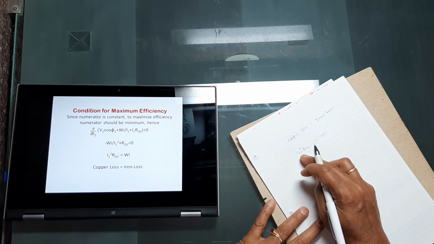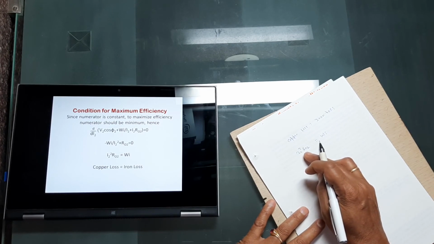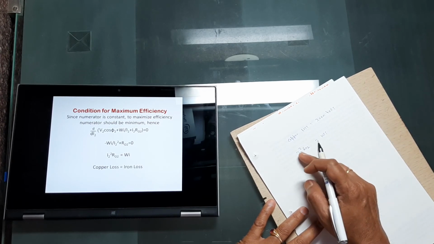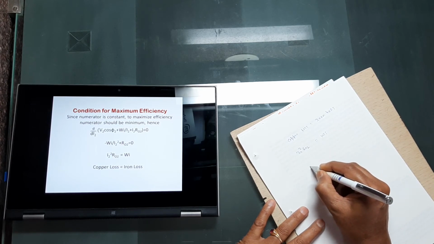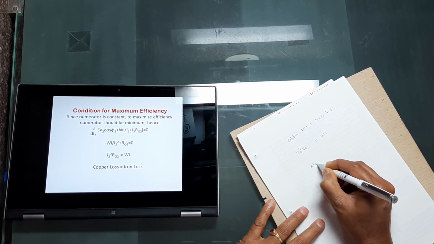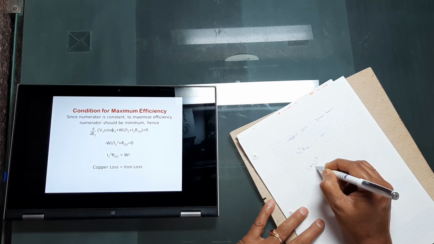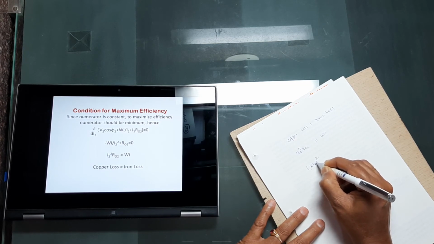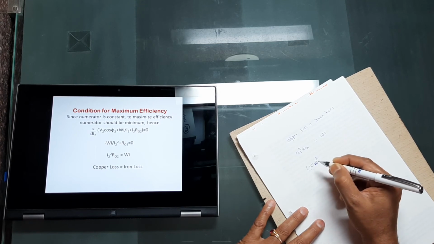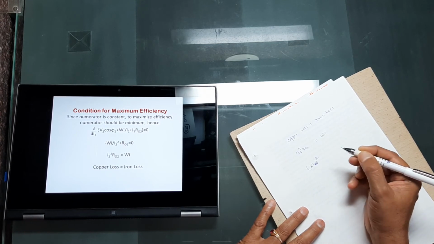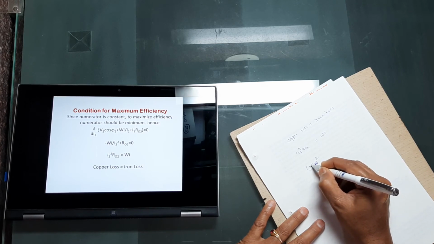Then the maximum efficiency may occur at any load. Therefore, in general, I will write I2 as x into I2 whole square. What is this I2? I call it the full load current. The maximum efficiency may occur at half load, full load, 80%, 85%, any load, I don't know. That I will put as x.